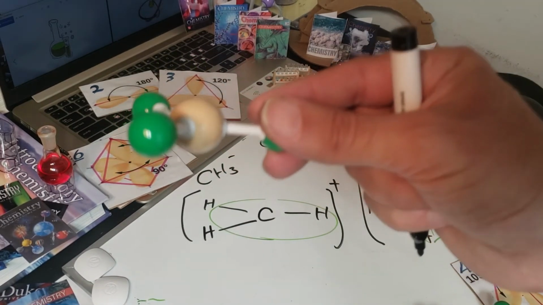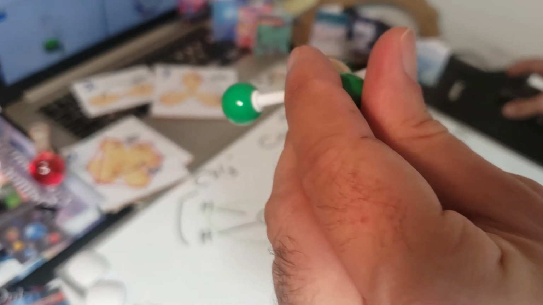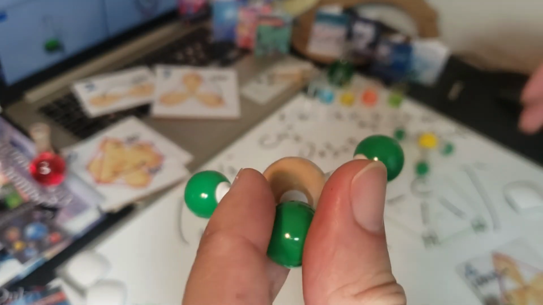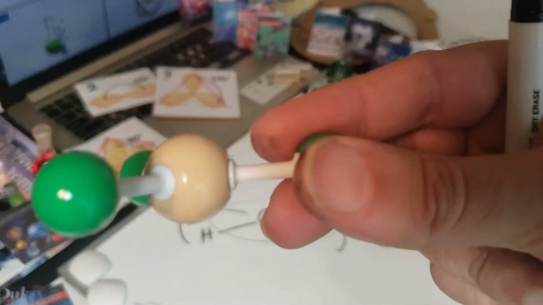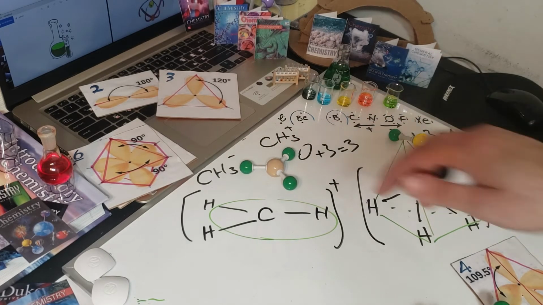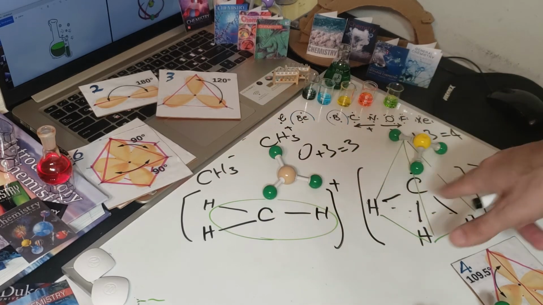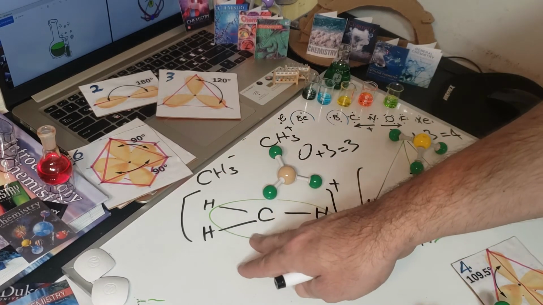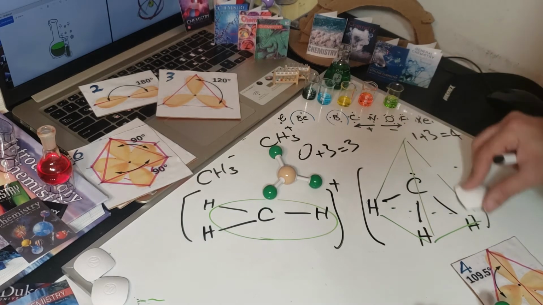That is educationally useful, because when we go to 5 trigonal bipyramidal or 6 octahedral geometry, it would be very useful. So these are these two examples. You could see just the change in the charge, CH3 plus, CH3 minus, gives very different structures: CH3 plus being planar and CH3 minus being pyramidal.